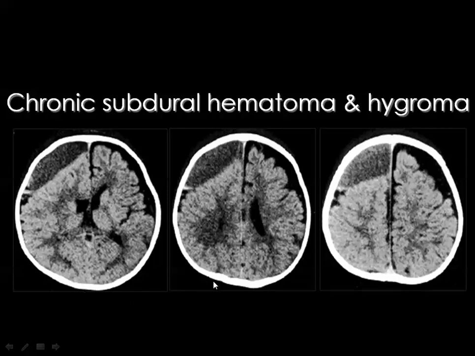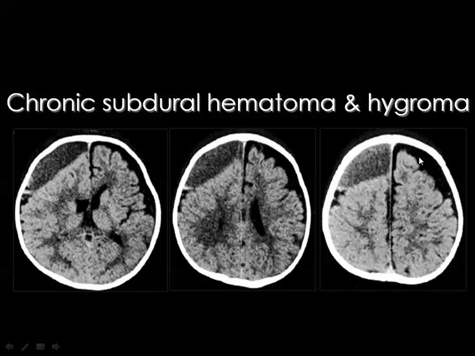Then how can you discriminate between hygroma and hematoma? Of course, the hygroma will show the CSF density, which will be more hypodense compared to the density of the blood. The blood, even in the chronic stage, will not reach the density of fluid.